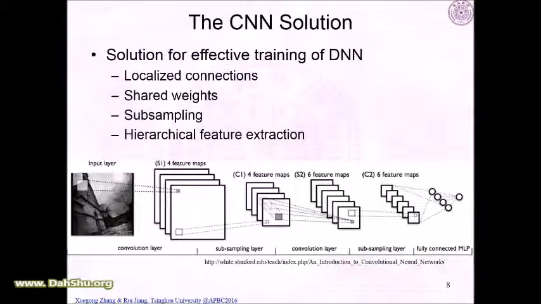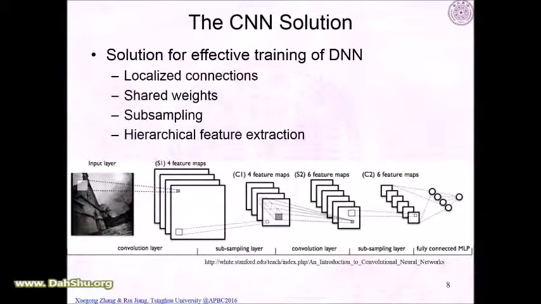Then how does it solve the problems I have listed for the deep neural network? The idea it uses is localized connection instead of a fully connected neural network. And they use shared weights to reduce the number of weights that need to be trained.